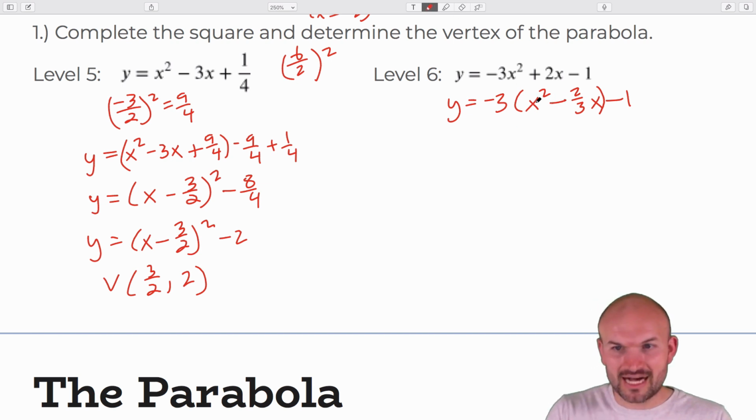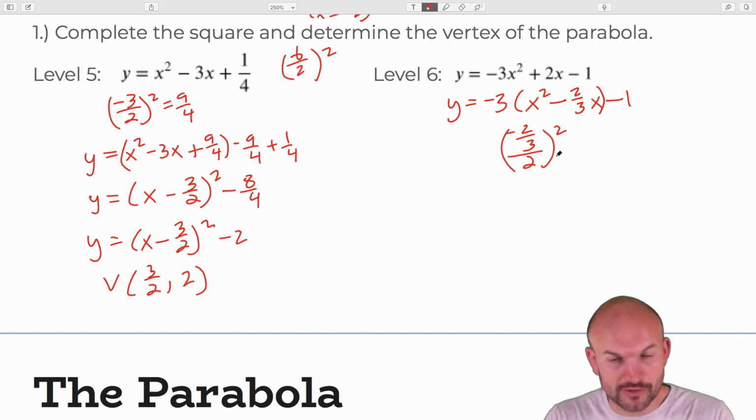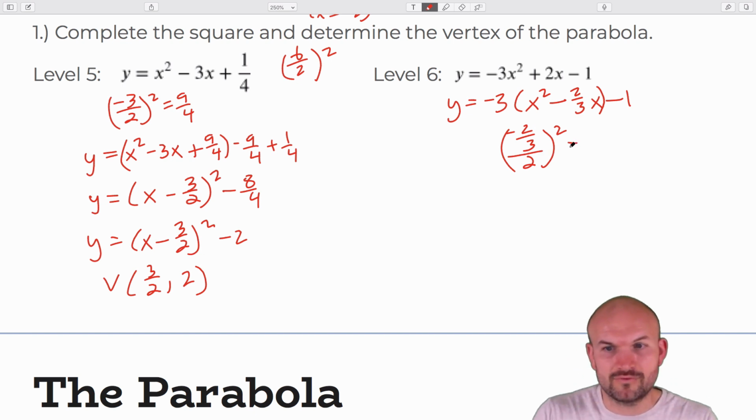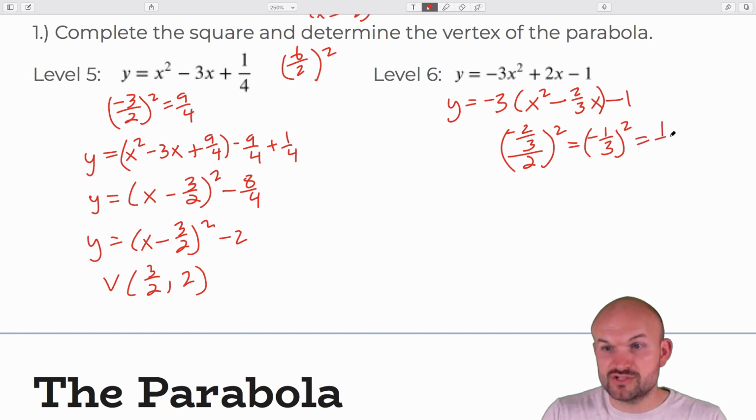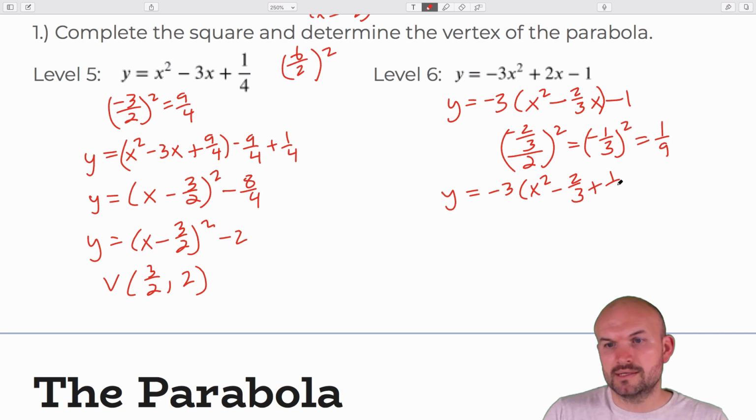So now we're going to take our b, so negative 2/3 divided by 2 squared. Now again, remember dividing by 2 is the same thing as multiplying by 1/2, which is really just going to be a negative 1/3 quantity squared, which is 1/9. So y equals negative 3 times x squared minus 2/3 plus 1/9.